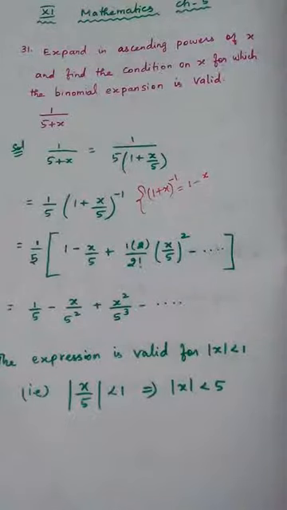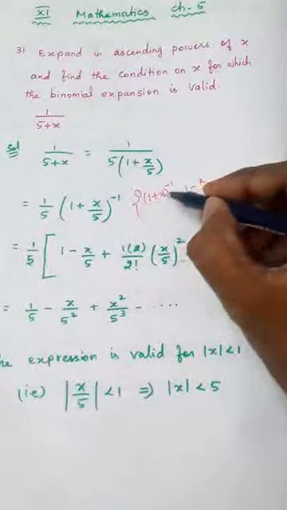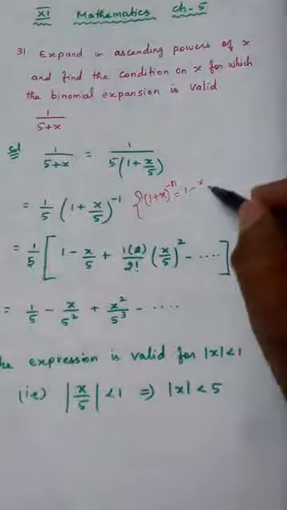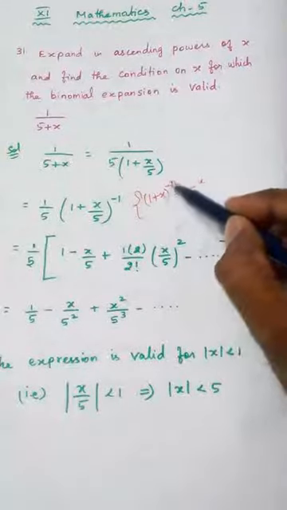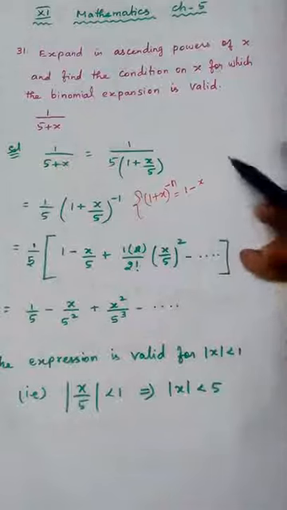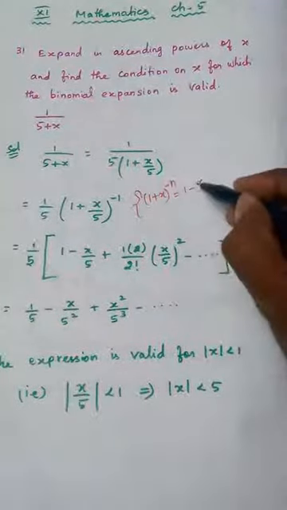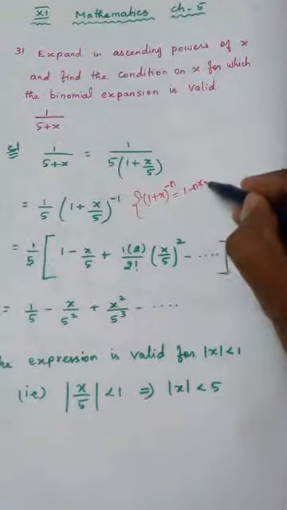Yes, but the formula that I am going to write is (1 plus x) whole power minus n. Can you remember the formula for this? I told you if it is plus and minus here, then we will have alternate symbols. So 1 minus nx, since it is n here, we are writing the general formula now.